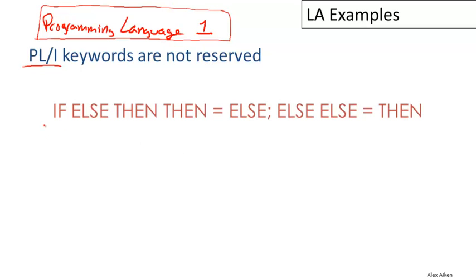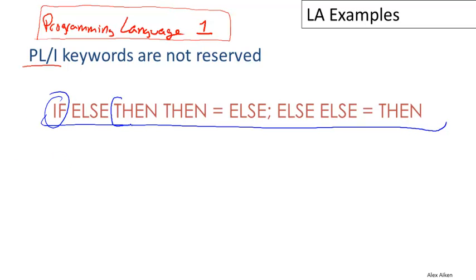And that means you can write interesting programs like this. And let me just read this out loud because it sounds interesting. If else, then equals else, else equals then. And the correct organization here, of course, is that this is a keyword, this is a keyword, and this is a keyword. And the other things, which switch colors here, are all variables.